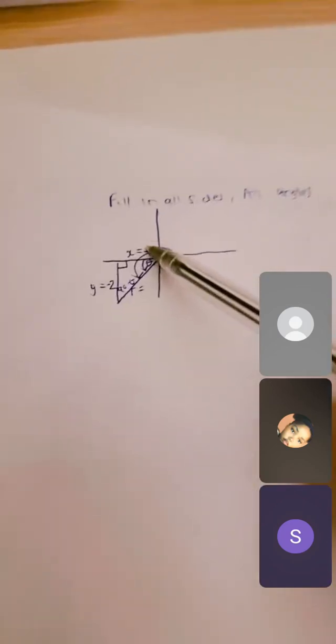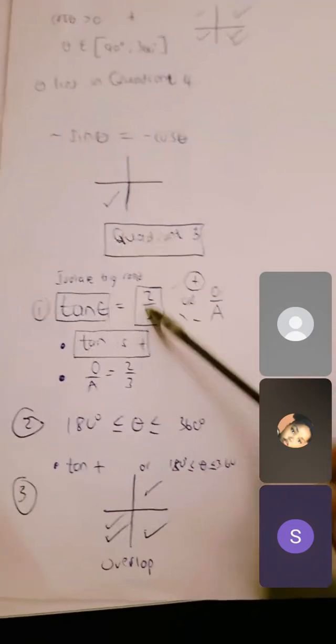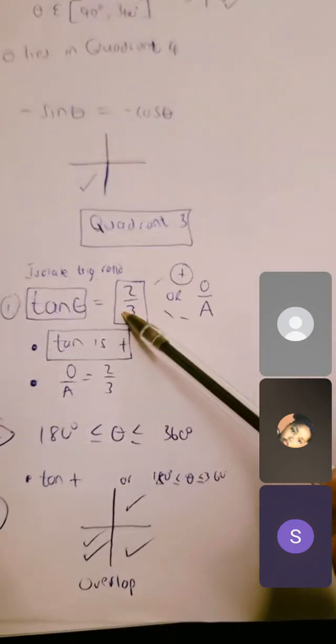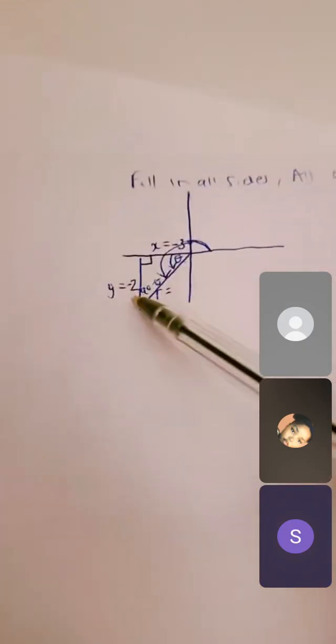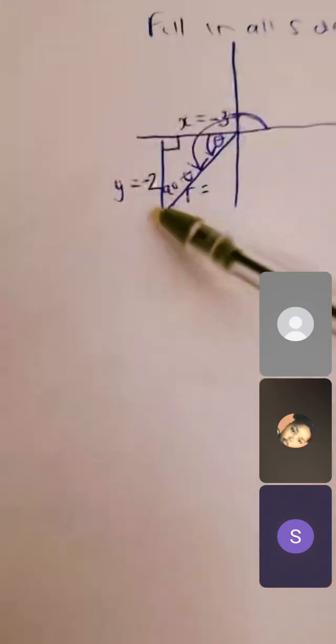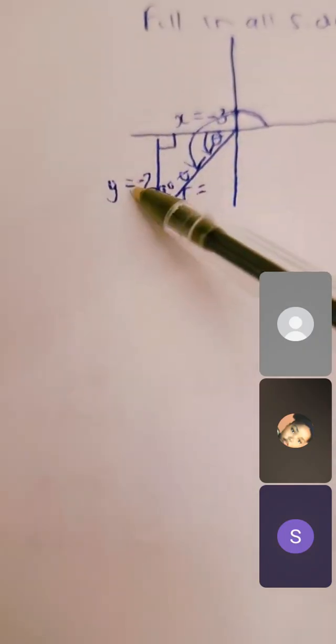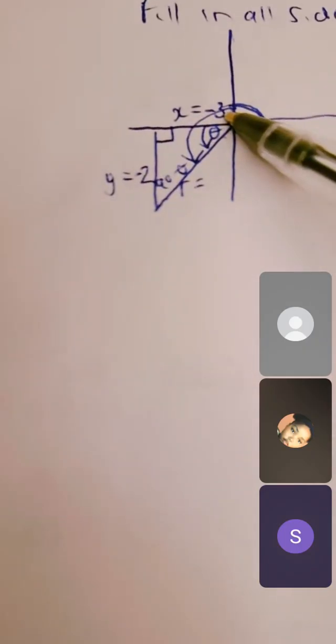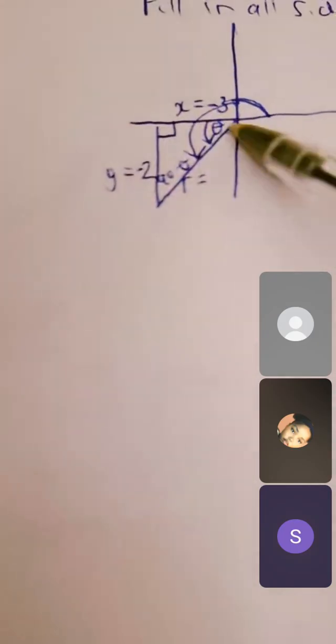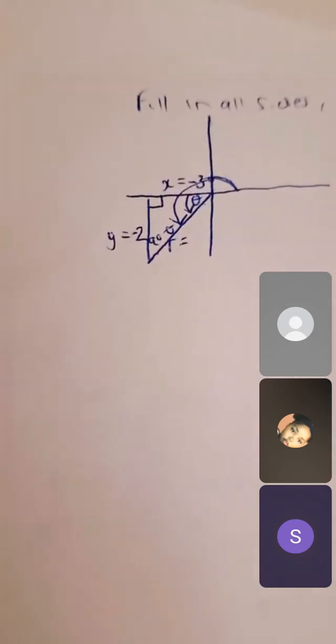So why did we have a positive 2 over 3? It's because negative divided by negative gives you back the positive. So y is negative 2. In the third quadrant, your y value on the y-axis is a negative value. X is negative 3 because your x values on the x-axis are negative.